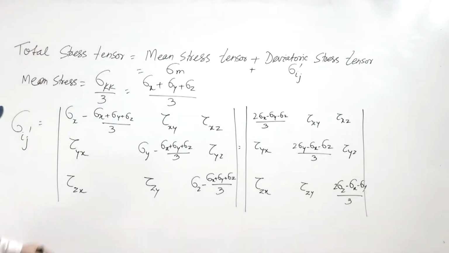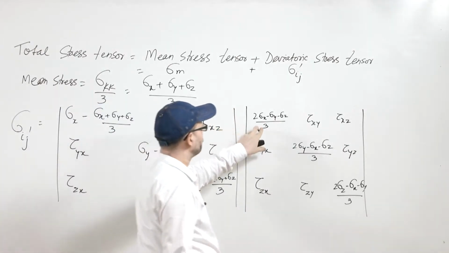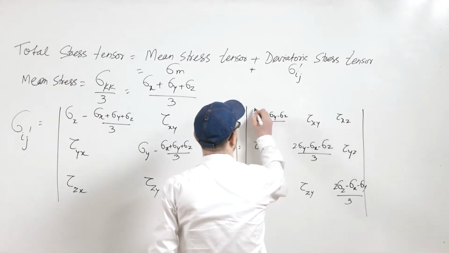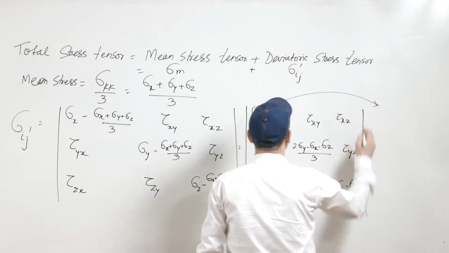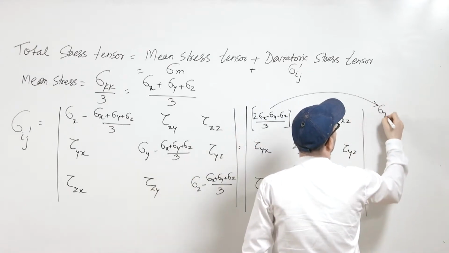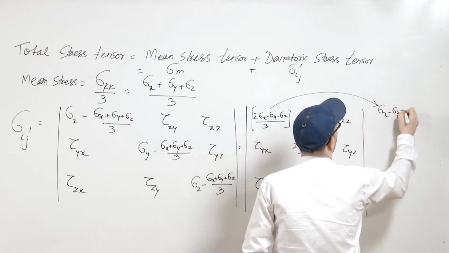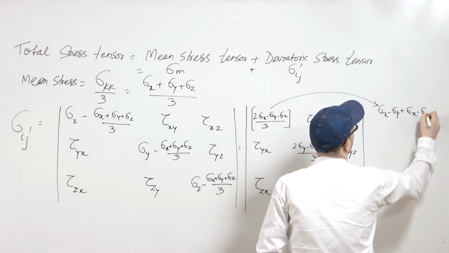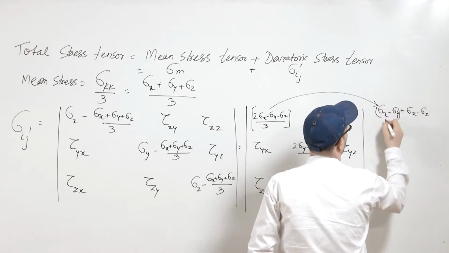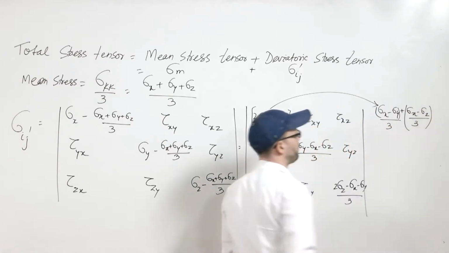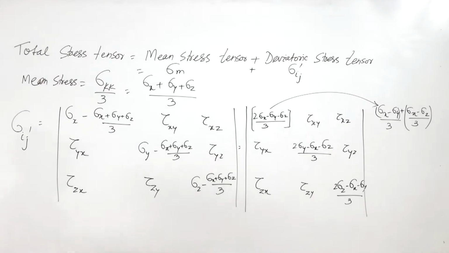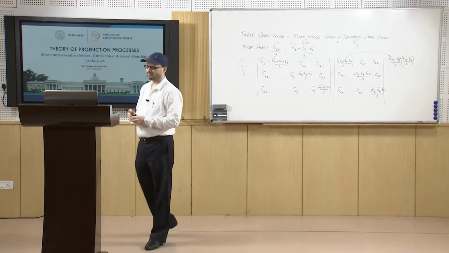However, if you look at this component also, you can write it as sigma x minus sigma y plus sigma x minus sigma z, and then by 3. So, basically what you see, sigma x minus sigma y by 3.